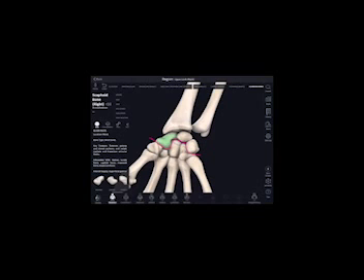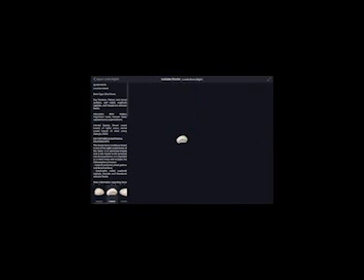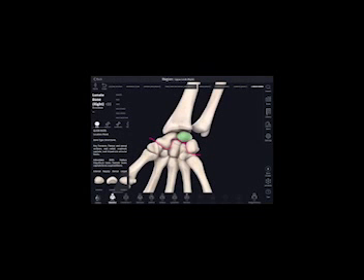The scaphoid is located on the lateral side of the proximal row. And then right next to it is the lunate. If you take a look at the left corner right here, it looks like a little half-moon shape. Because of that, it's called the lunate bone. And then right next to the lunate is what we call the triquetrum.